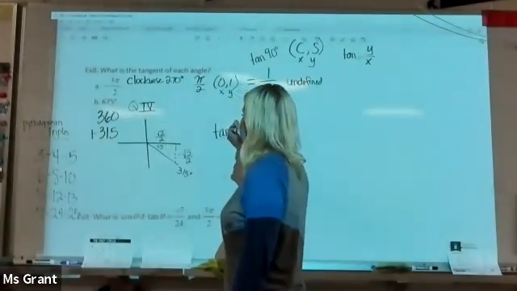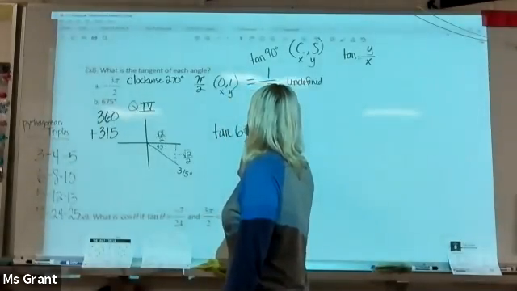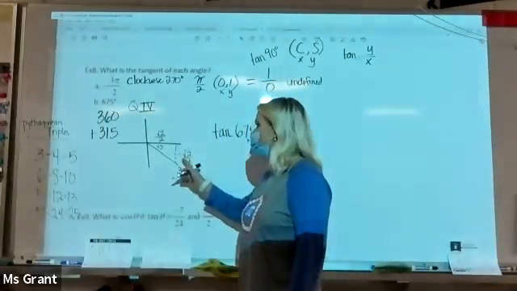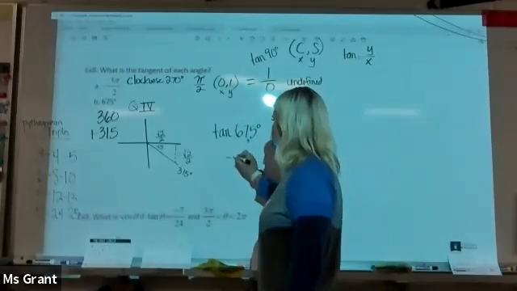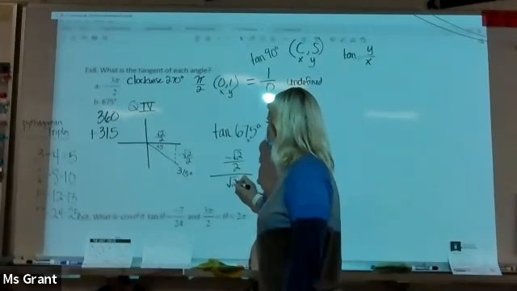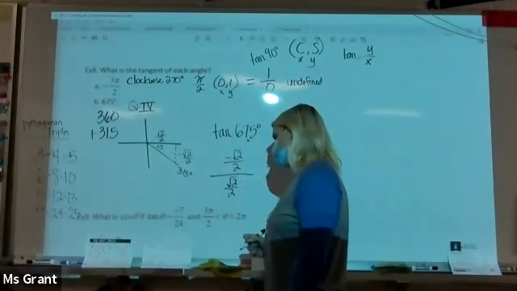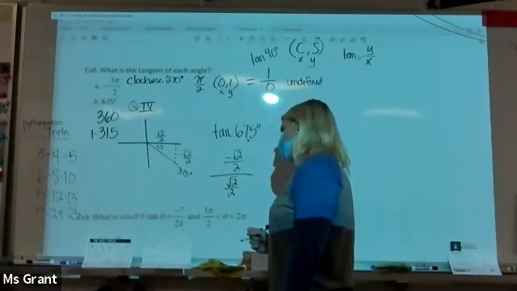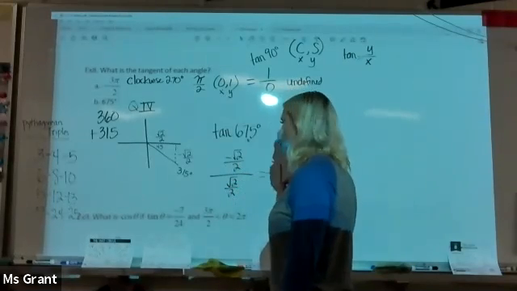Tangent of 675 degrees is y over x. Y over x. Negative 1.